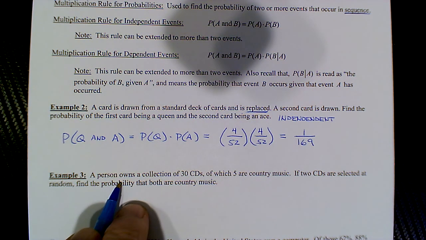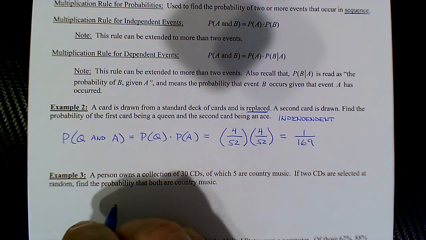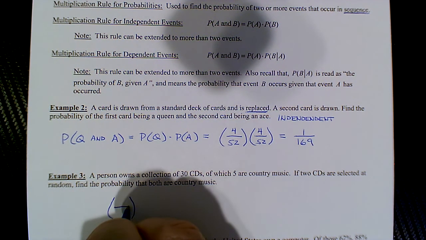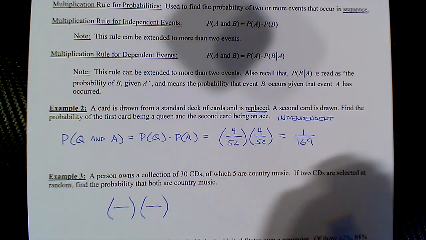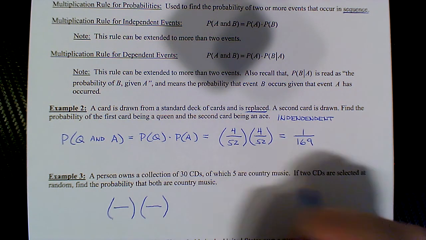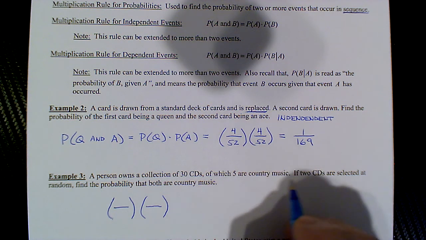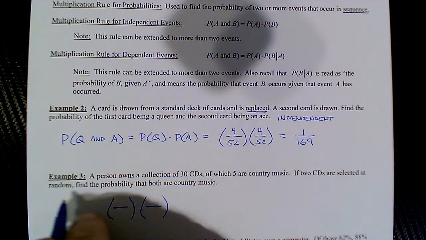Okay, here, a person owns 5 CDs. Now this is where I'm going to suggest just multiply the two fractions together. Don't worry about the notation. In this case, there's no replacement because we draw 2 CDs selected at random.